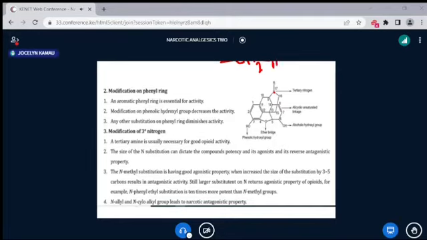Don't worry about the fact that it's a bit bigger. That's ethyl, and then you have a phenyl group.